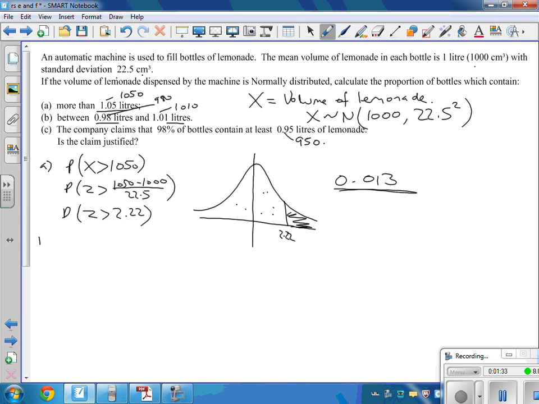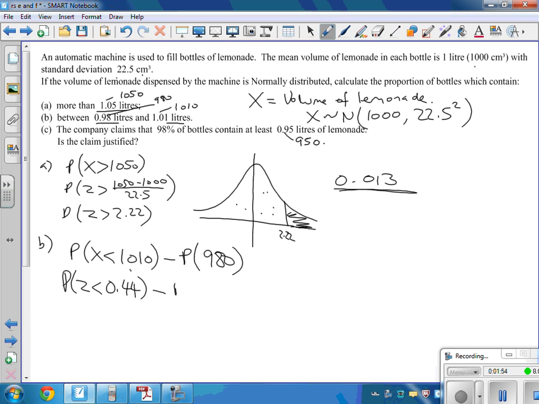Part B, it's the between question again, one that worries a few people. The method of between is you say, what's the chance of it being lower than the top number? Take away the chance of it being lower than the bottom number. That will give us what's in between. This one here, convert that. That goes to our Z value of 0.44.